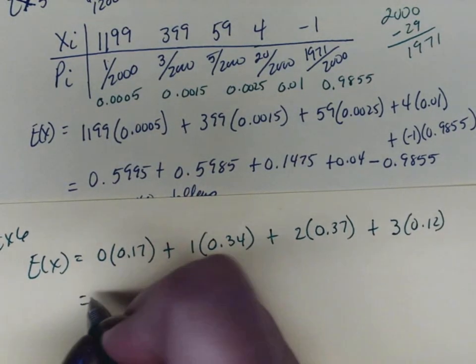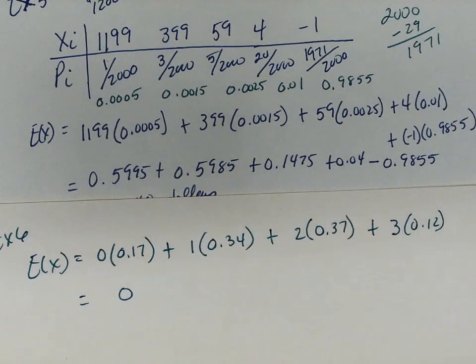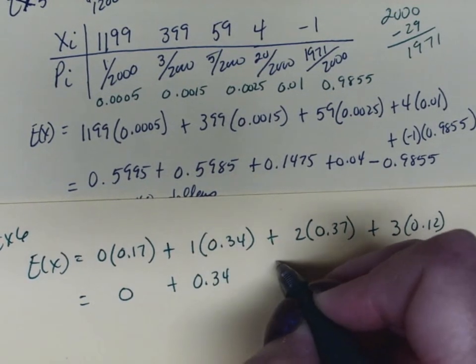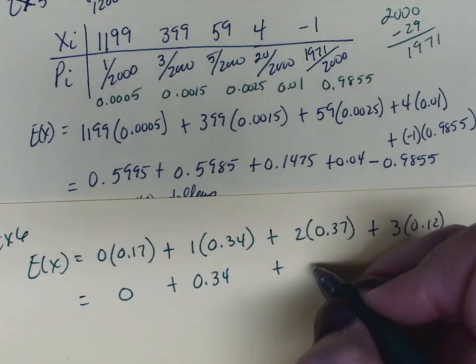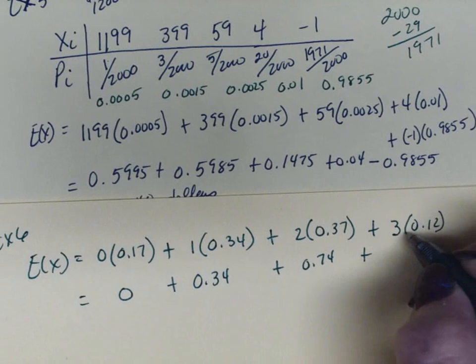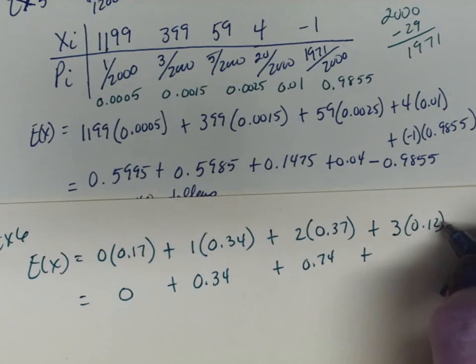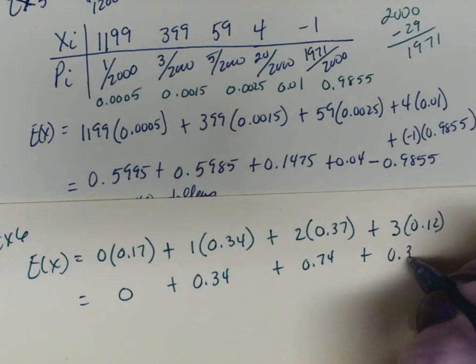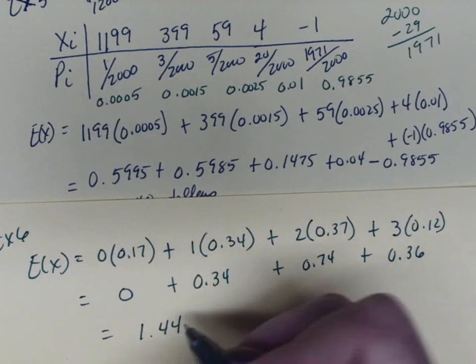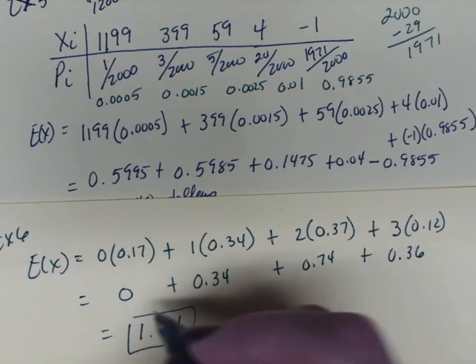When we do the math, anything times 0 is 0. Anything times 1 is what it already is. 2 times 0.37 gives us 0.74. And 3 times 0.12 gives us 0.36. That'll be 1.44 as our expected value.